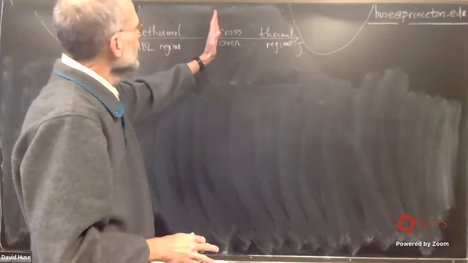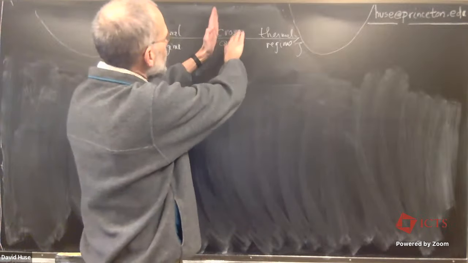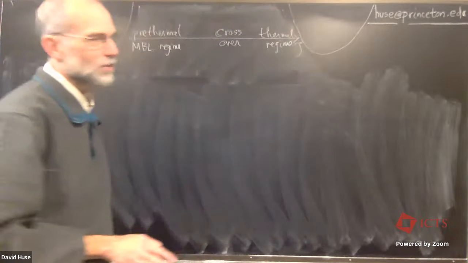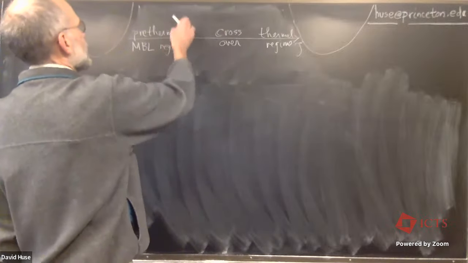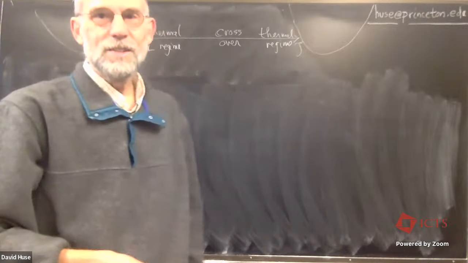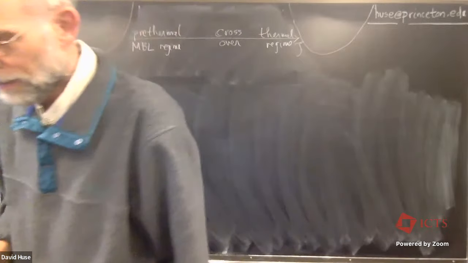I think we have a reasonably good picture of what's happening in the crossover and in the thermal regime, at least many aspects of it. But what happens just a little bit into the pre-thermal regime, I think, is an open question.